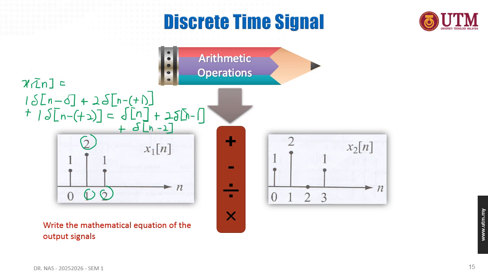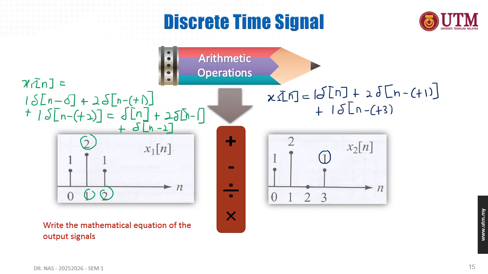Okay, how about x2[n]? x2[n] is equal to the amplitude 1 δ[n − 0], plus 2δ[n − 1], plus the next one, 1 δ[n − 3].